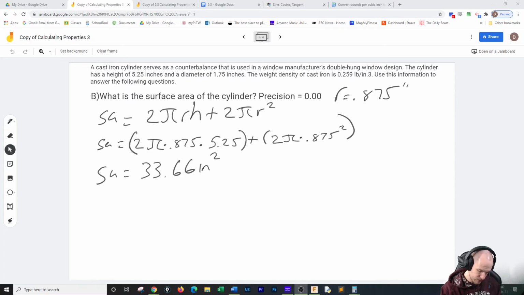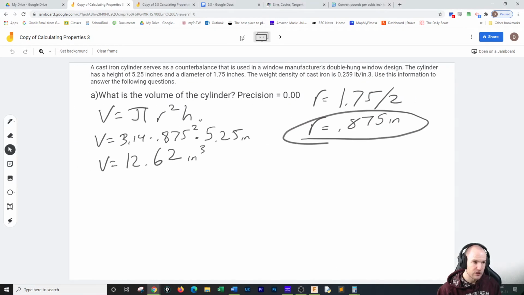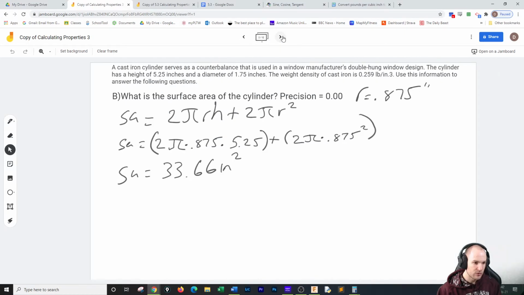So weight equals density weight of 0.259 pounds per inches cubed times, what did we say our volume was? 12.62.